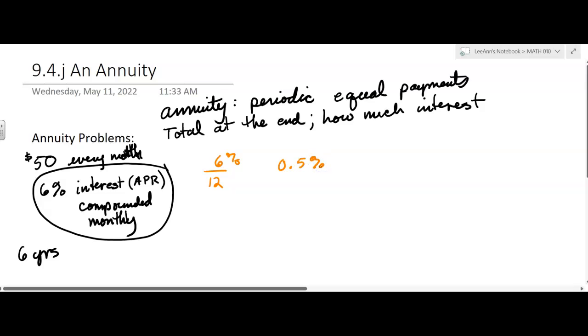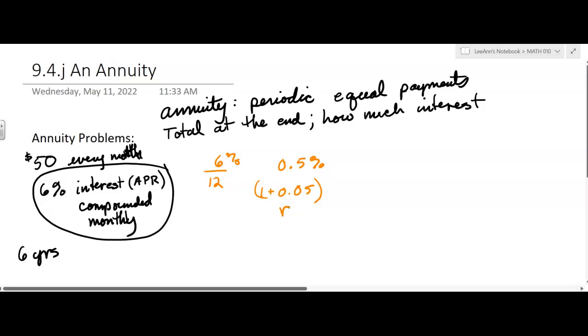So what that means then is every month we're going to be multiplying by 1 plus 0.05, right? Okay, because you're going to have what you had at the beginning, plus you're going to be earning 5%. Okay, and then every month we'll know how much money is in the account. Okay, so this is going to be your R.